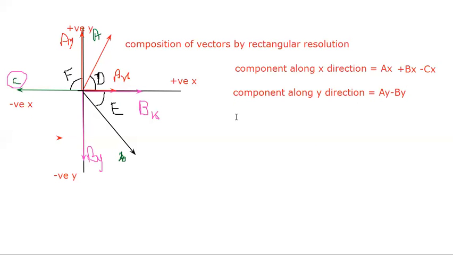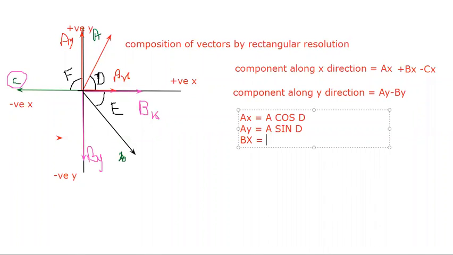So what is the value of Ax? Ax is A cos of angle D. What is Ay? Ay is A sin D. A is divided into two rectangular components with D as the angle. What is Bx?